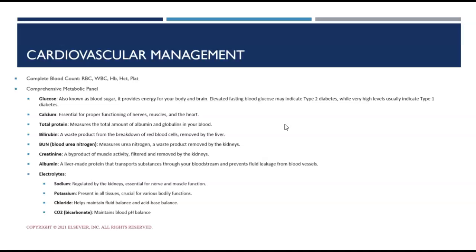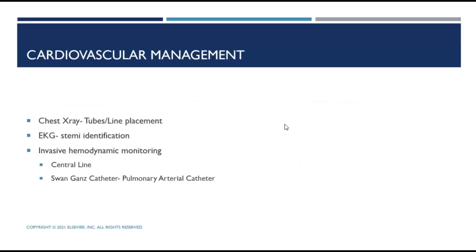And that also helps us do a differential diagnosis of what might have caused the cardiac arrest, what might be going on with the patient, and helps us identify other issues. And then as I said, you want to make sure you're getting a chest x-ray to look at your tubes and lines, making sure they're in a good place, and getting that 12-lead EKG to identify any STEMIs or any other heart-related issues.